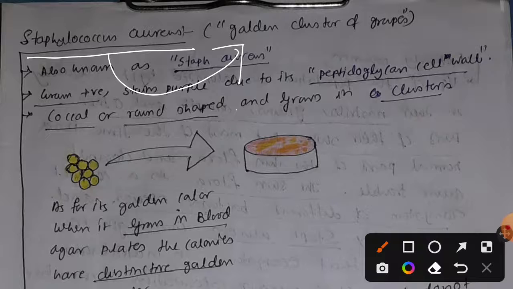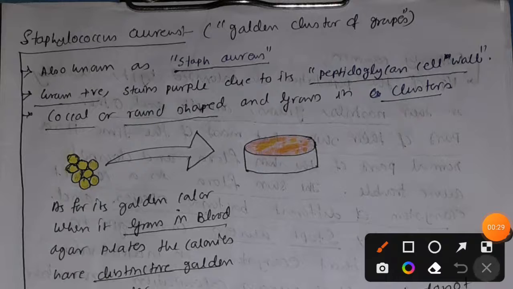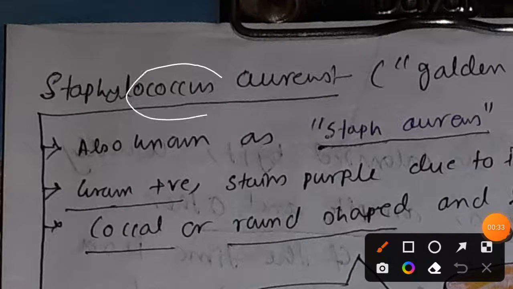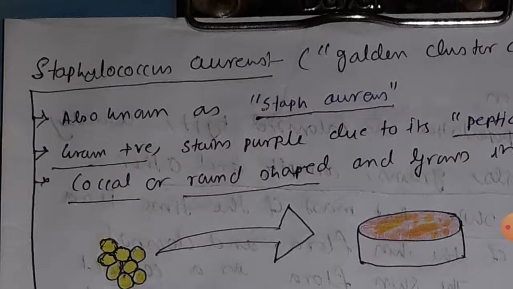If we focus on the name, we get the term coccus, which means it is clear that Staphylococcus aureus is round in shape.